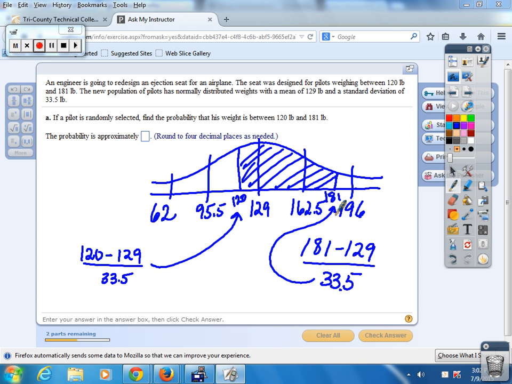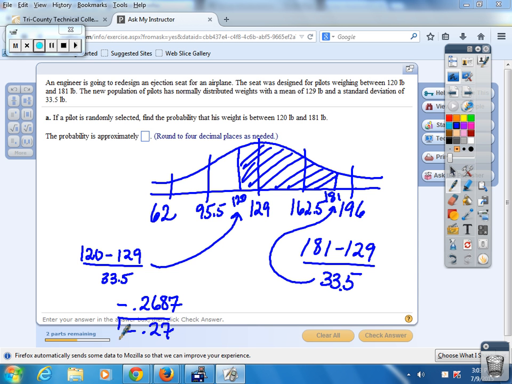So what's this Z-score over here? Two things, volume and enunciate. The first one is negative 0.2686, or -0.27.